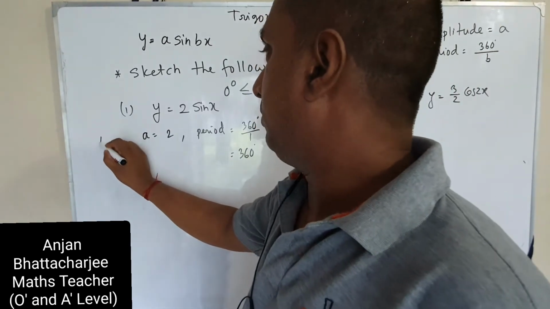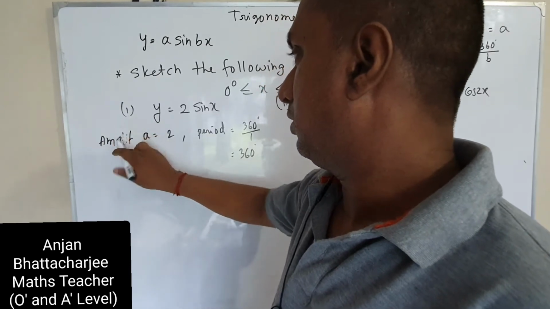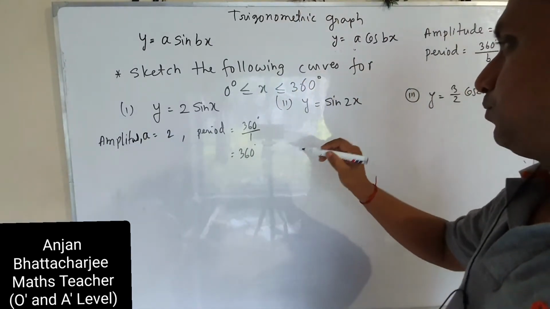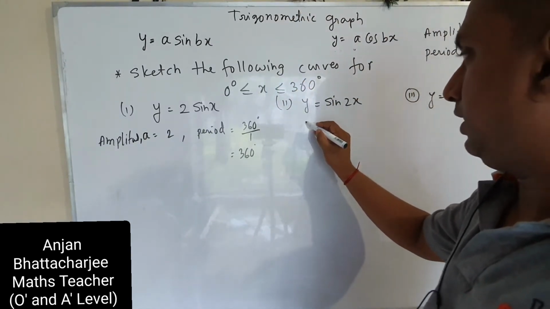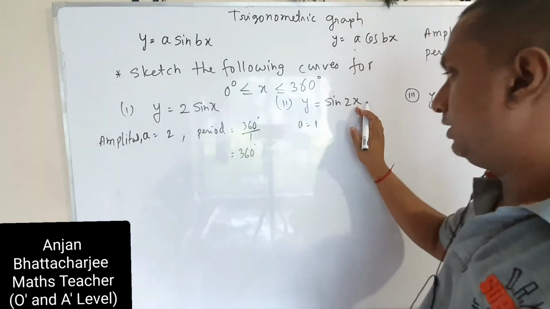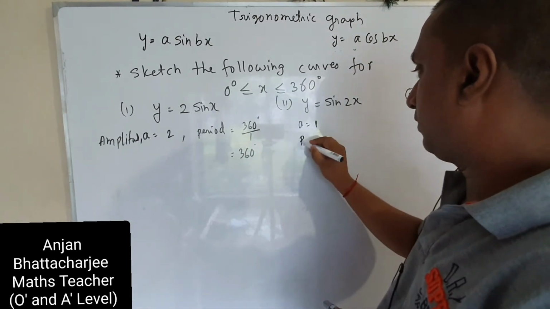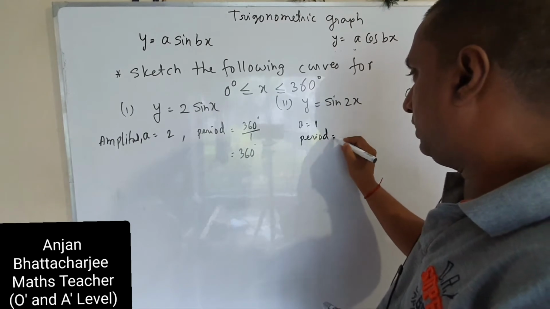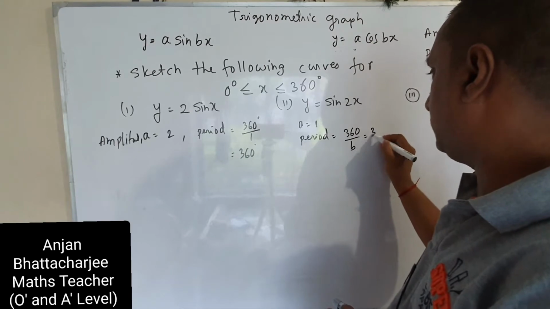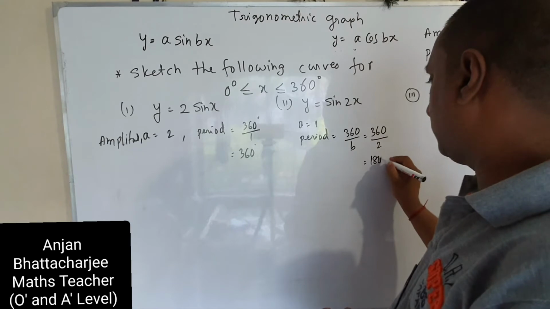For the second, A equals 1, since the coefficient of sin 2x is 1. Now the period is 360 divided by the frequency 2, that is 180.